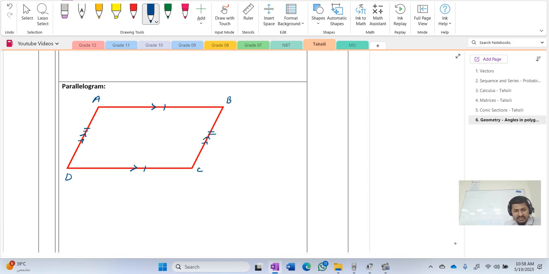So AB is parallel to CD, and AB is also equal to CD in a parallelogram. Also, we have AD is parallel to BC, and AD is also equal to BC. This is opposite sides are parallel, and this is opposite sides are equal, right?